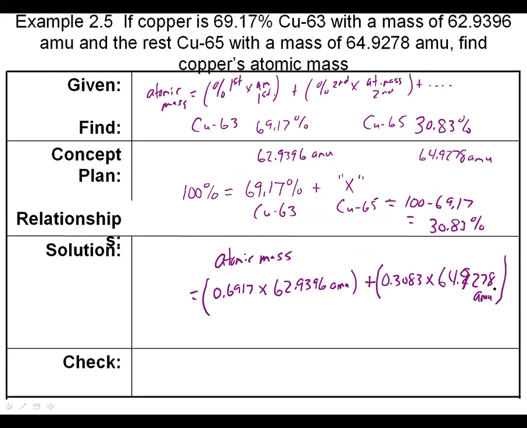And if we do that, we will end up with 63.55 AMU. And again, if you go to a periodic table and look at copper, that is the number that you will typically see underneath there.